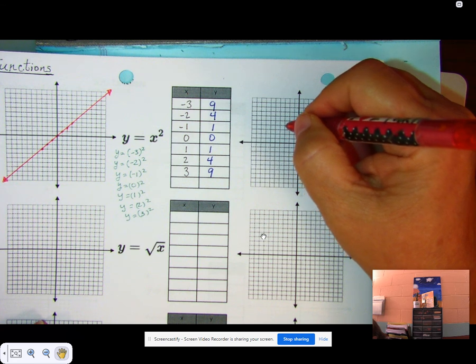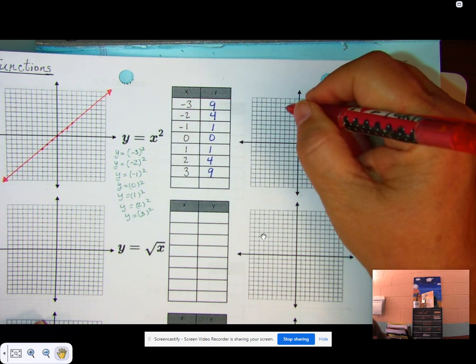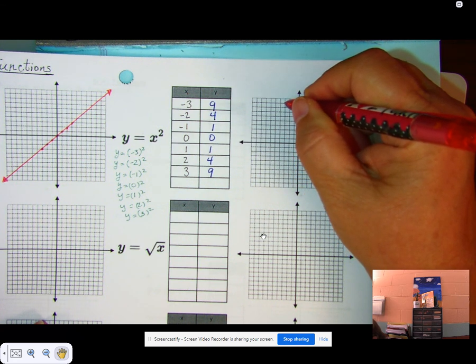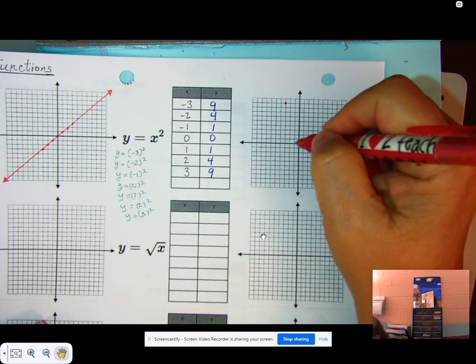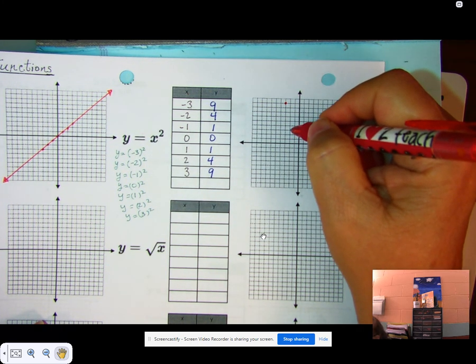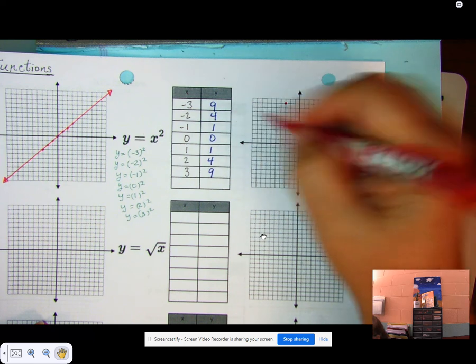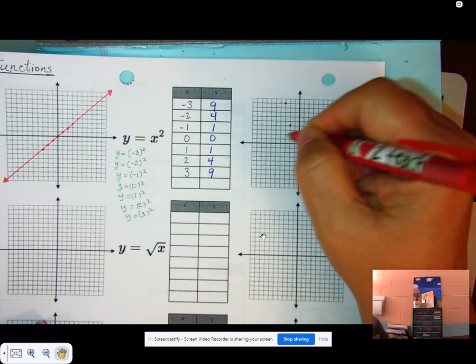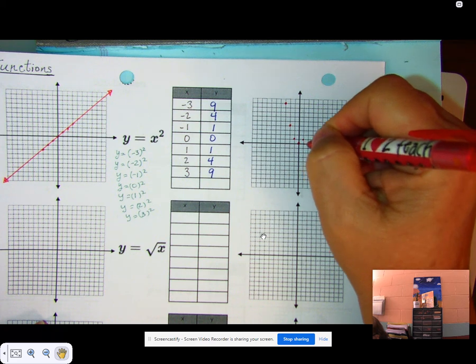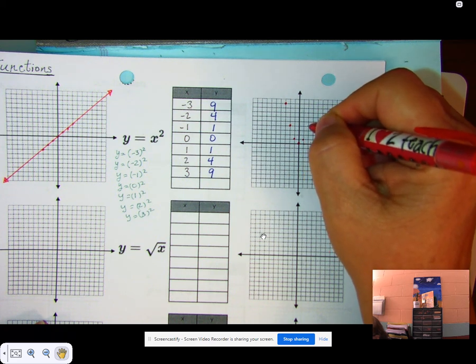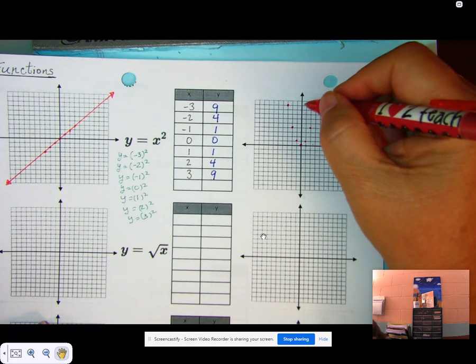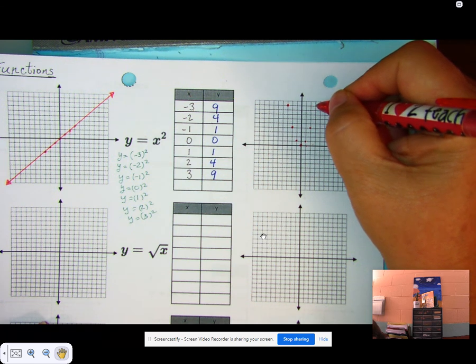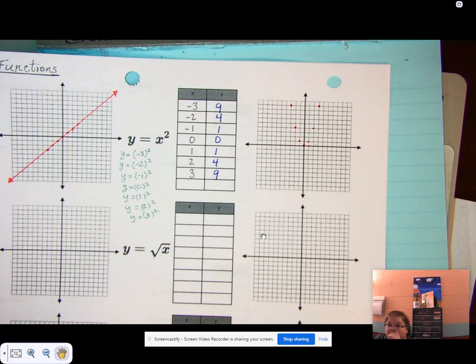Negative 2, and y is 4. Negative 1, positive 1. 0, 0. Positive 1, positive 1. 2, positive 4. What are you noticing? And then 3, 9. They're a mirror image of each other, right?